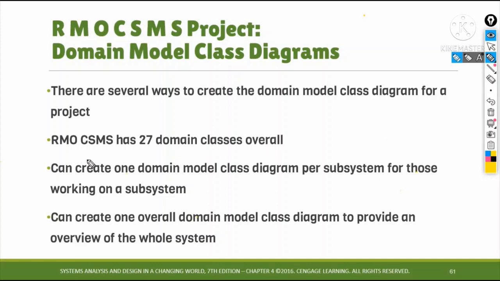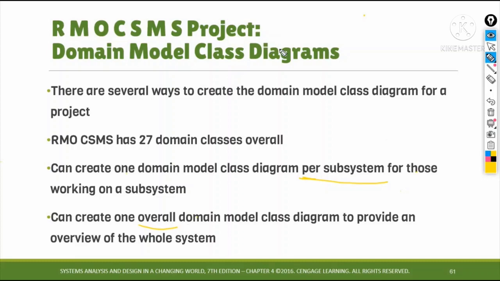Overall, this system has 27 domain classes, and you can create one domain class diagram per subsystem for those working on a subsystem, or you can create an overall domain model class diagram to provide an overview of the whole system.